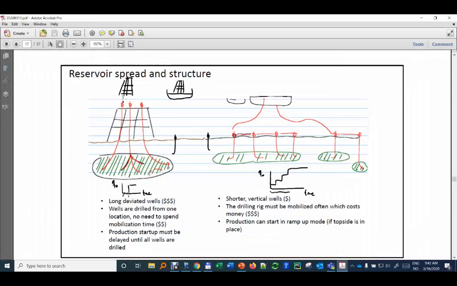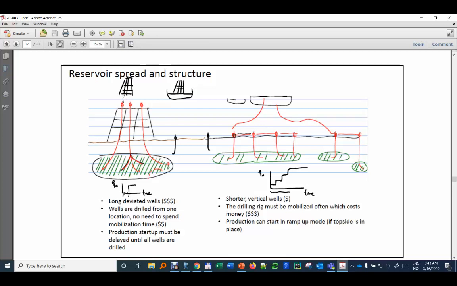While if the reservoir is concentrated, we can reach everything from one location, but then we need long deviated wells, for that I need a bigger drilling package, and more expensive.